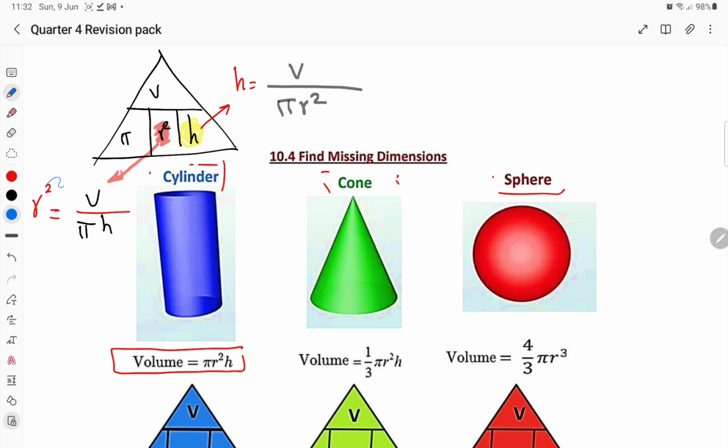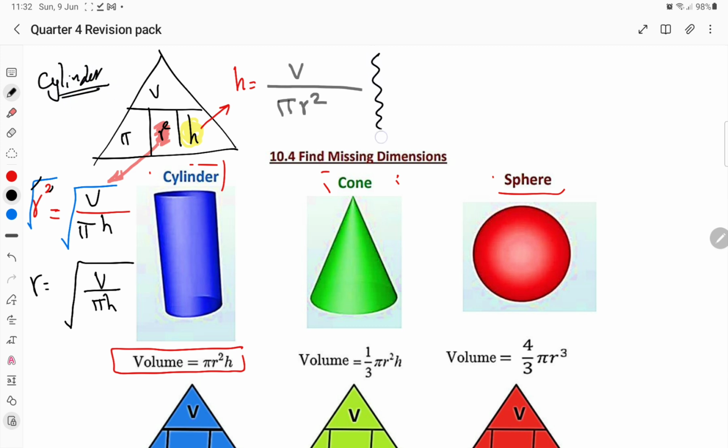But to get rid of the power 2, what do we do? Square root left and square root right. The power 2 is going to cancel the root, so r is equal to the square root of volume over pi h. Very good. This is regarding the cylinder.